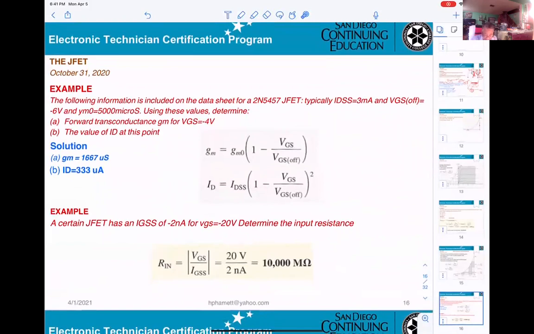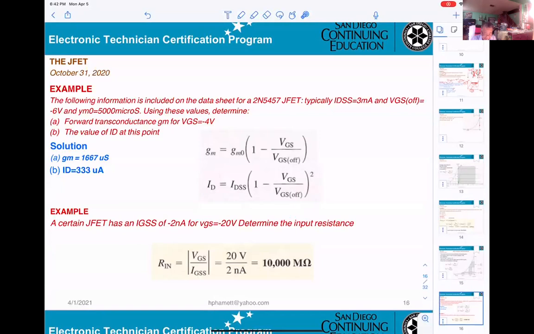Okay, so basically, this is an example. You are supposed to do it to see if you can get the answer like we do. You calculate GM, you get 1667 microsiemens.